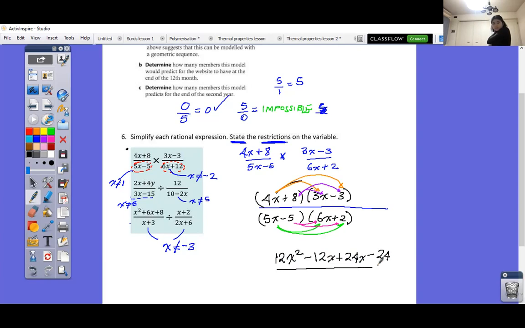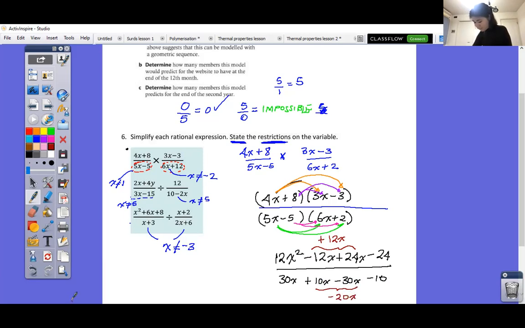That's the top. The bottom, 30x squared plus 10x. Minus 30x. Yeah, minus 10. And this here will make, in total, like terms, it will get 12x. And this here will make minus 20x.